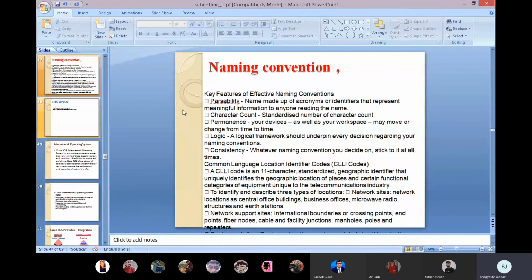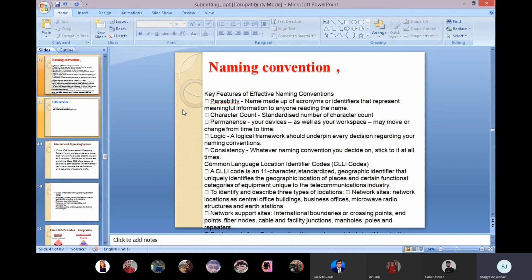Logic: a logical framework should underpin every decision regarding your naming convention. Then consistency. Whatever naming convention you decide on, stick to it at all times. And these are the key features of a naming convention: parsability, character count, permanence, logic, and consistency.